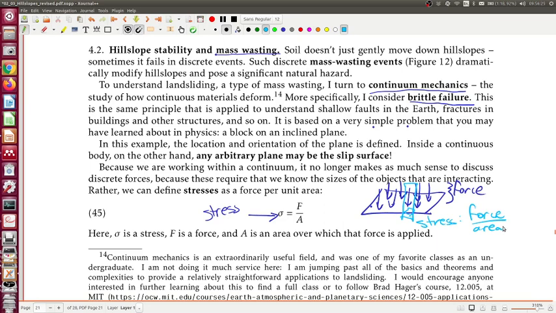And the reason I want to do this is because this is what really matters, right? So if I have a ton of force, but spread over an area that's a kilometer wide by another kilometer long, then maybe the actual stress in every individual piece there is going to be pretty small, and that won't matter so much.